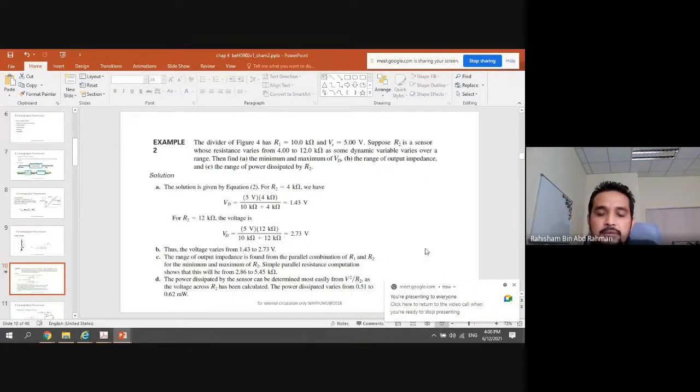Okay, Nabil, I want to ask you whether these values, 1.43 and 2.73, can go up to 3 volt for the maximum. Can this sensor go to 3 volt at the voltage divider?